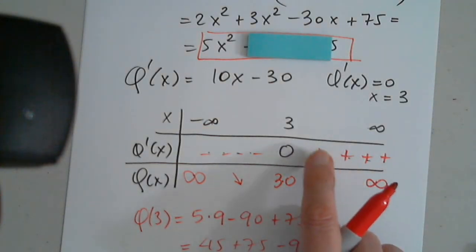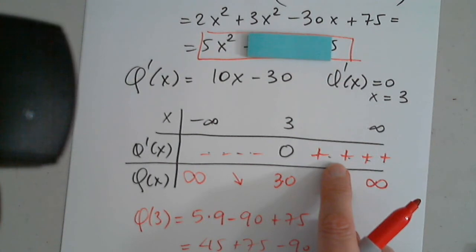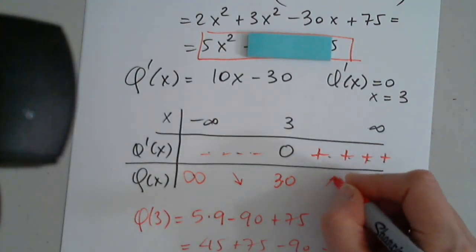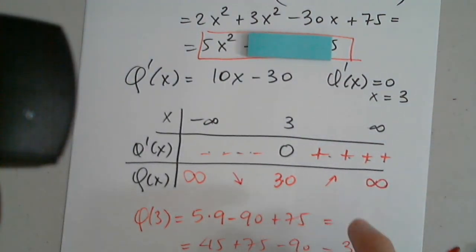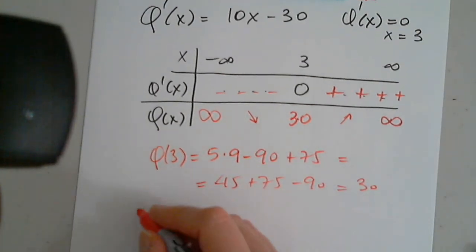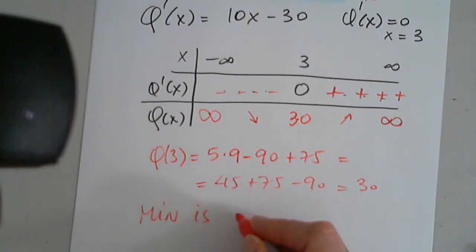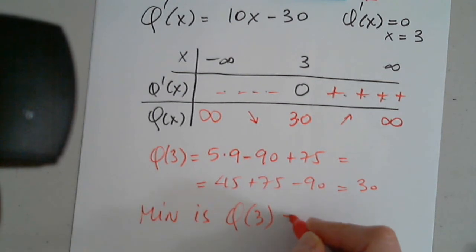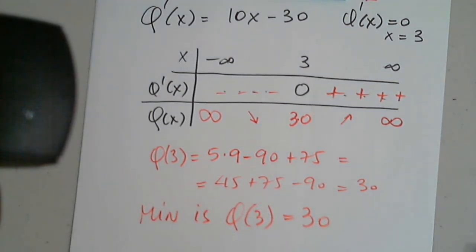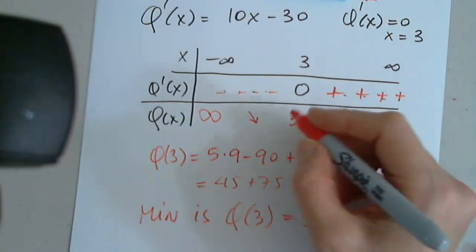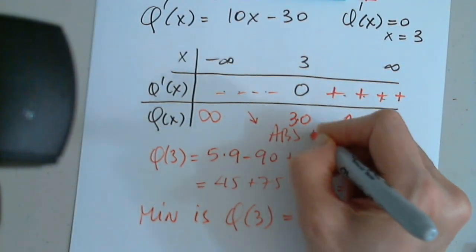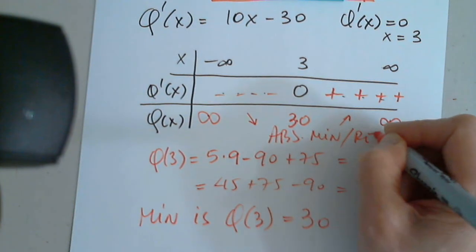What does the function do here between 3 and infinity? Increase. Is this correct? Yep. Good. So we minimized it. So minimum is q of 3 equals 30. For sure. So in this situation it is also the absolute min, also relative min.